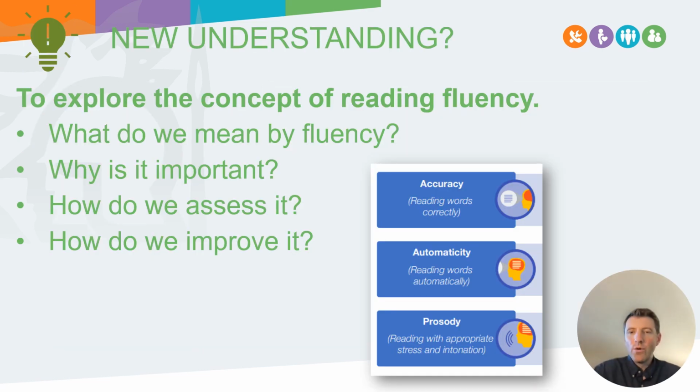So thank you for joining me for this session about fluency. It is often overlooked as a pillar of reading. It's really important that we get it right. So today we've explored fluency in its entirety, as much as we could in a concise way. In terms of what we mean by fluency, we're thinking about accuracy, automaticity, and prosody. And those are the three parts that we're aiming to develop. We know why it's important because it's a bridge between decoding and comprehension.